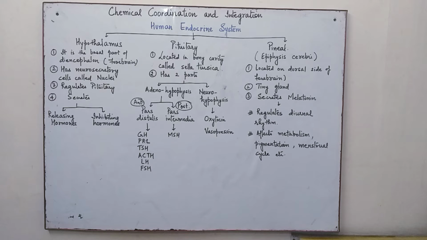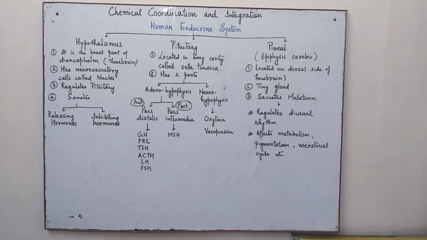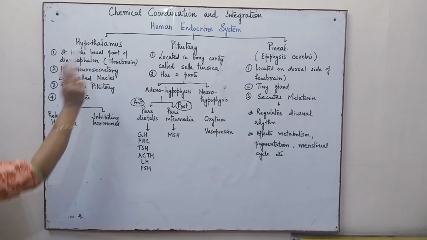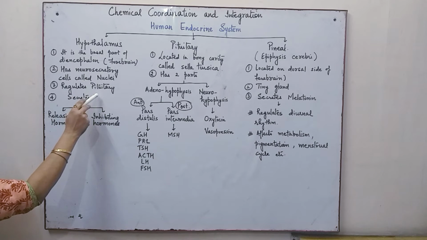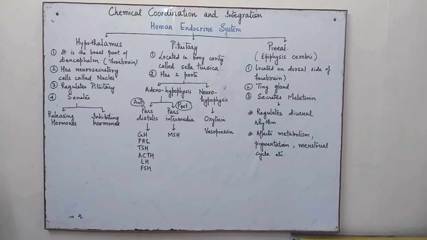So these neurosecretory cells called as nuclei, they actually produce hormones. And these hormones help in regulating the secretions of the pituitary gland, which is our master gland. So they help in regulating the activity of the pituitary gland.